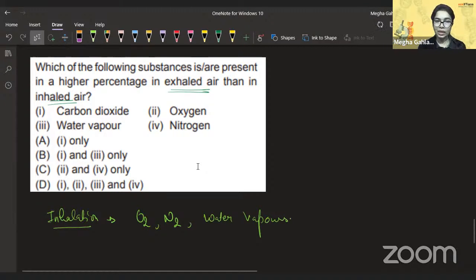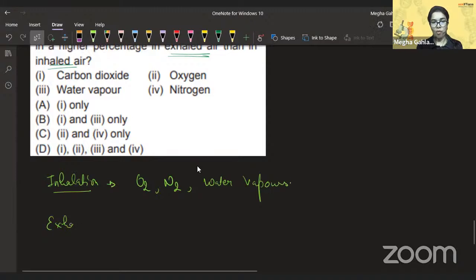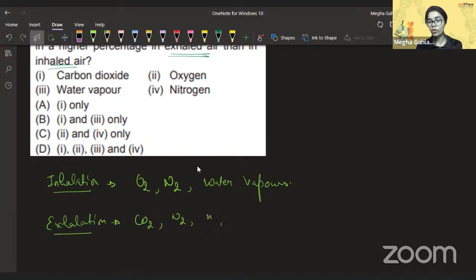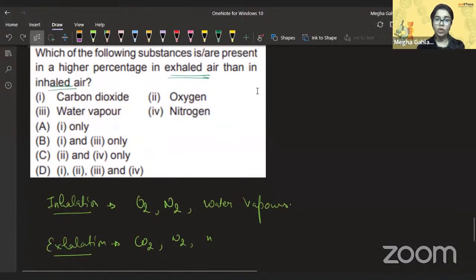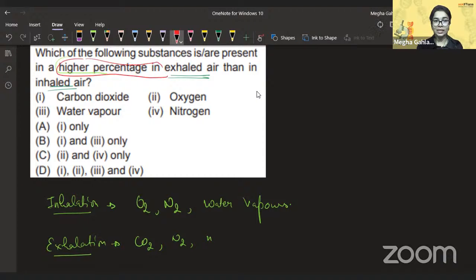And during the exhalation, we have more carbon dioxide. Nitrogen, of course, is there, a lot of water vapors are also there, and then we might have a little bit of oxygen, or not exactly. So if you look at the question, you are going to have more percentage in the exhaled air than the inhaled air. So I think the question is pretty simple and the answer is pretty simple too.